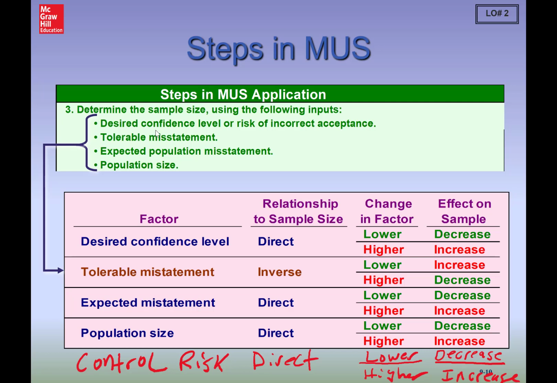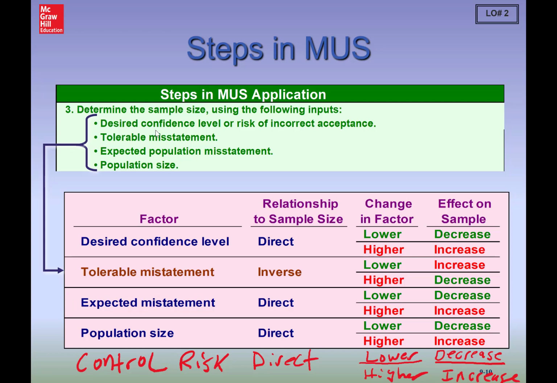If I have a client that's been pretty tight in previous years and does a pretty nice job, I can accept a smaller sample size. Population, again: the larger the population, the larger the sample size we expect, so we're getting a representative dollar amount. Although hopefully we're being smart in how we select that sample, and using stratification might help us gain some efficiency.